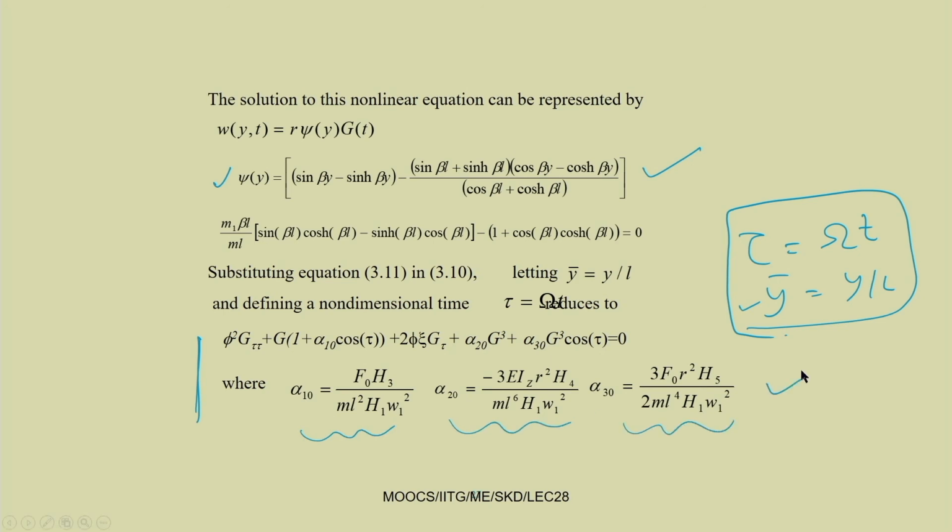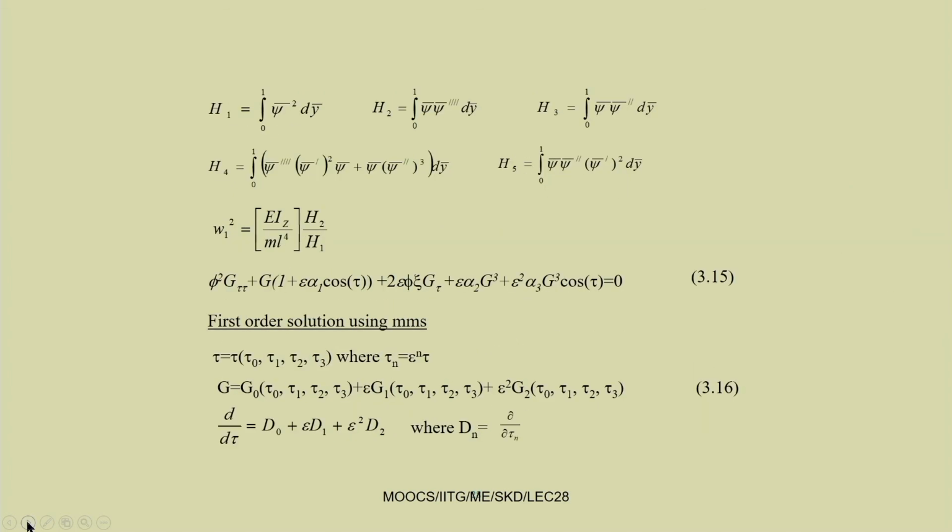This way you can derive the equation of motion in case of a beam using the energy method. Previously I told you how you can use Newton's method also to derive the equation of motion. Here I told how you can use the energy method to derive it. In the energy method, first you find the potential energy, kinetic energy, then the Lagrangian of the system. Either you use the Lagrange principle or the Hamilton principle to derive the equation of motion.